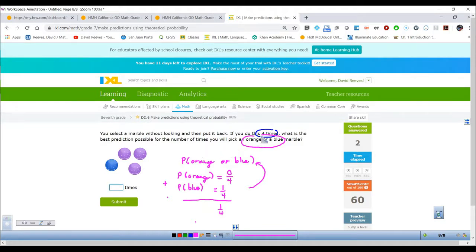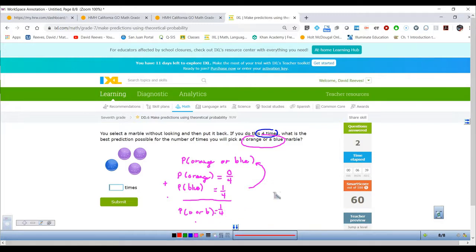So actually it doesn't even matter. We could kind of just ignore that, right? So the probability of getting orange or blue is equal to 1/4.